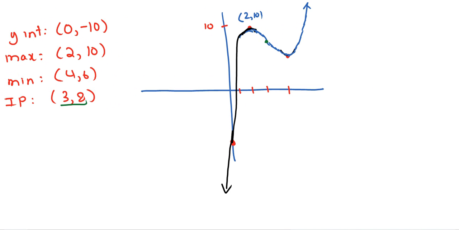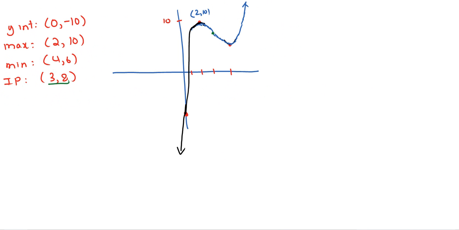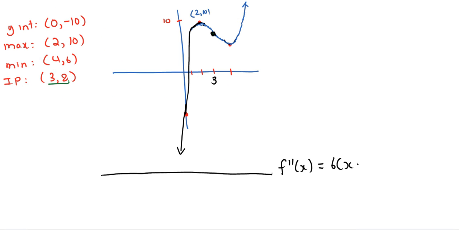Let me just zoom out for a second here. One more thing that you could do to verify that things are looking good is, this is your inflection point at 3. Just test your second derivative, f double prime of x, which was 6 times (x minus 3). I know that this was 3, this is positive here, and this was negative.